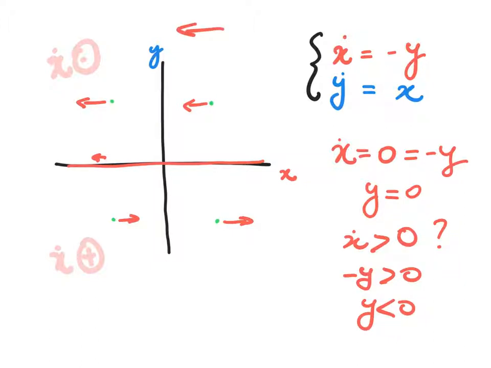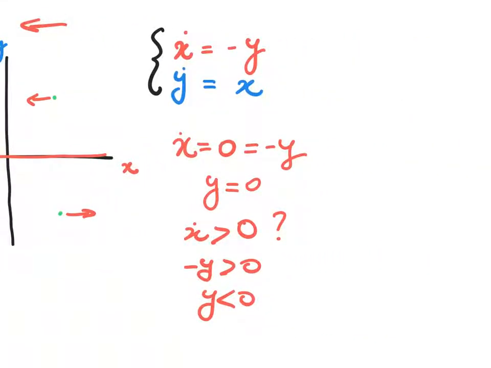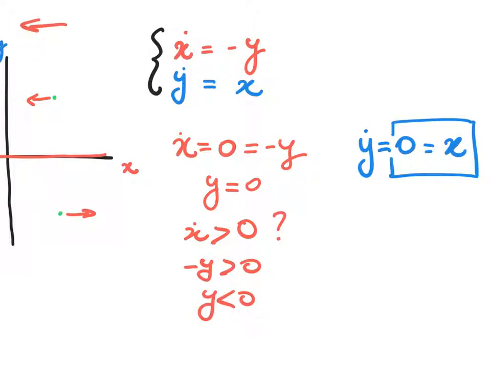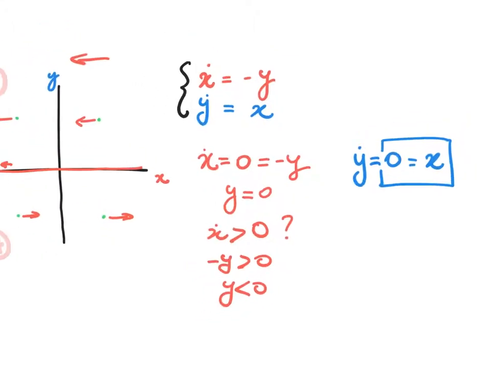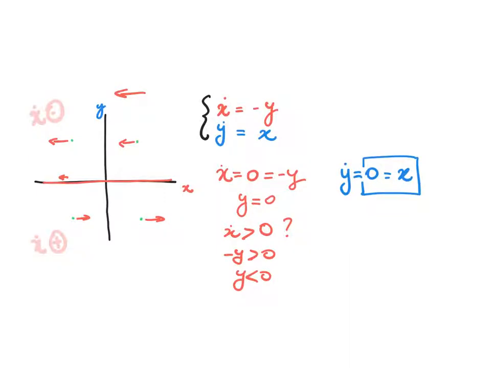Similarly, for the y nullcline. The y nullcline is the place where there is no y component, and that's equal to x equals 0, identical to the y-axis. Our y nullcline is here.